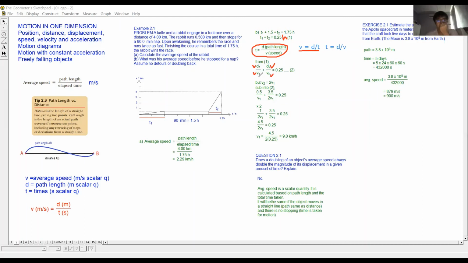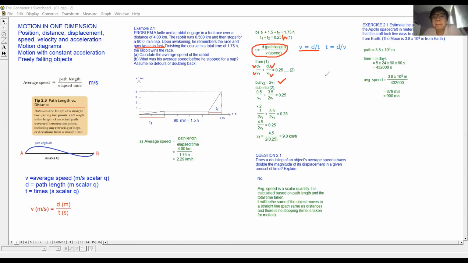So these two, V1 and V2, are the average velocity for the first and final part of the journey. But there is something here: runs twice as fast. Runs twice as fast means the final average speed, which is V2, is actually 2 times the average speed of the first part of the journey. Is this okay?